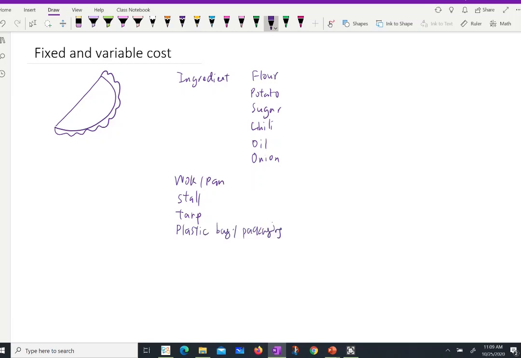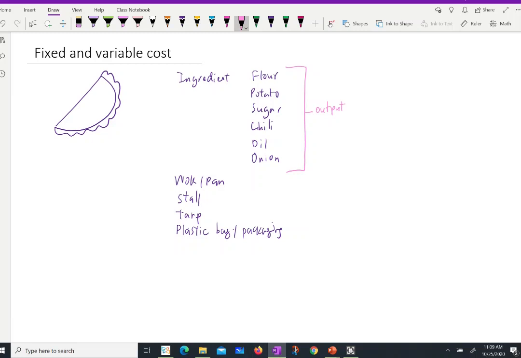After you list all these items that you need to buy before you start your business, then you can recognize which of the items is considered a fixed cost and which is considered a variable cost. Flour, the ingredients, directly contributes to the number of output, the number of curry puffs that you want to produce.